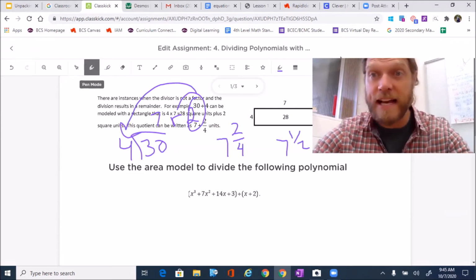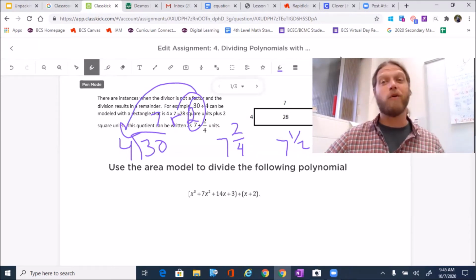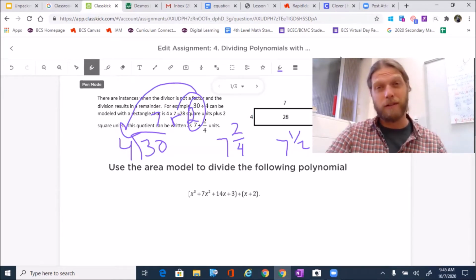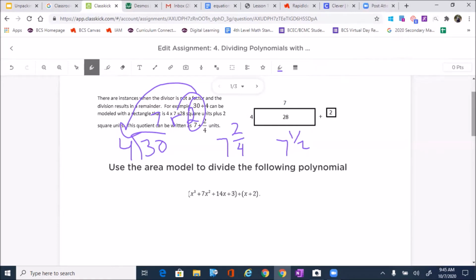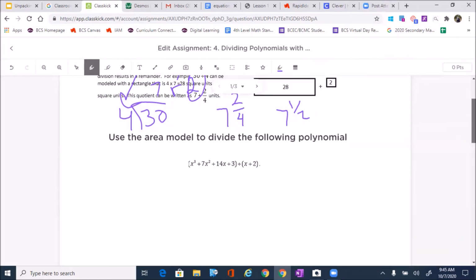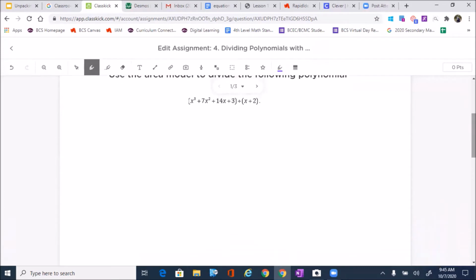Now, we're going to do the exact same thing when we're talking about polynomial division, except it's a little bit more complicated because it is polynomial division. So when we do this, we are going to start with the area model. I find that to be the best and most effective and organized way to do this. So let's start by drawing out the area model, big box.